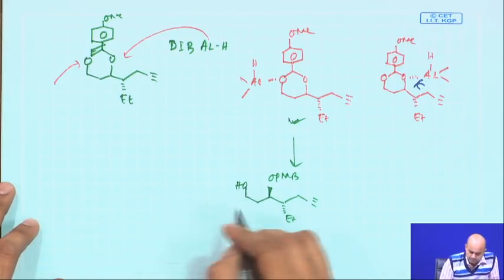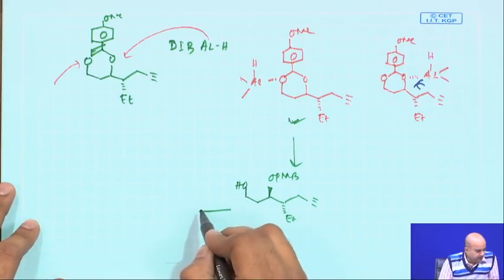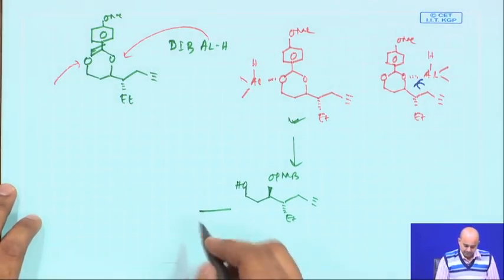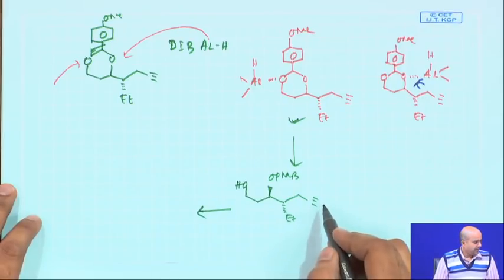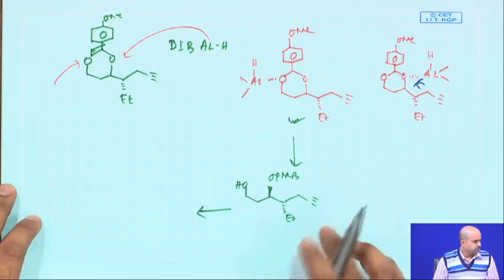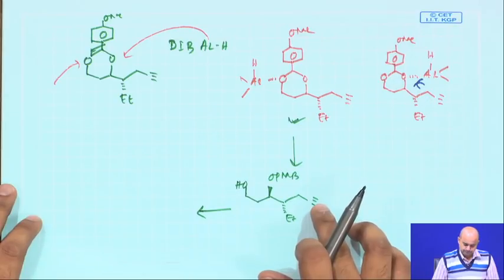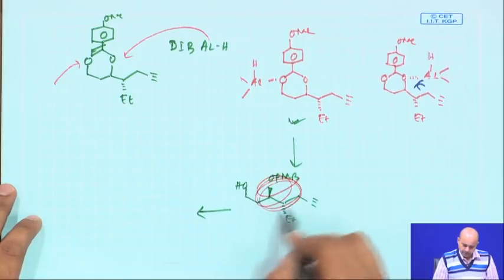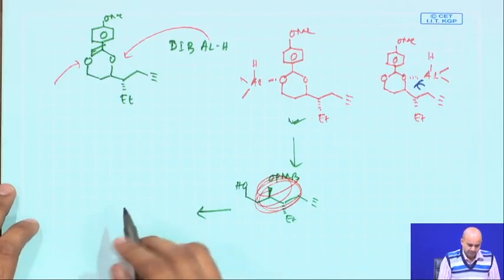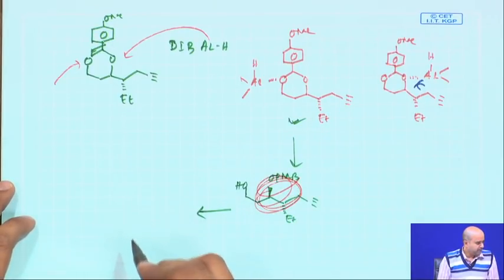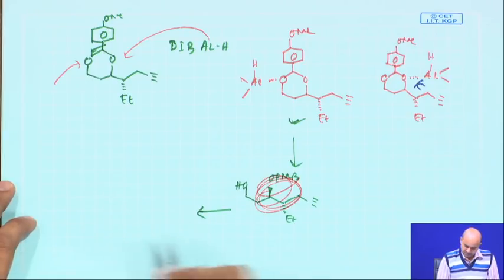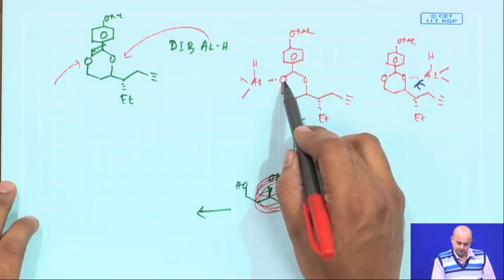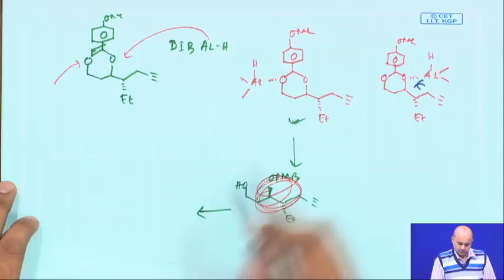So, next in your synthetic scheme, what will you be doing next? Oh no, we are a little bit wrong here, sorry, your acetal will be opened up on that side, in OCH2. One minute, yeah, so here we have OCH2.